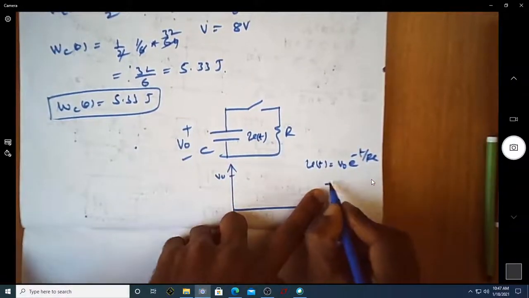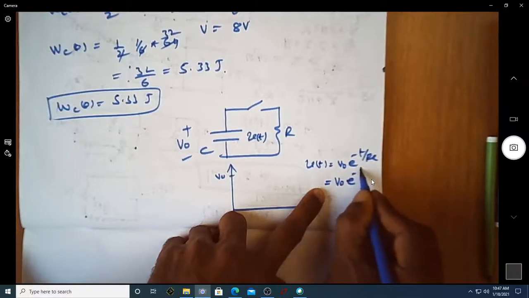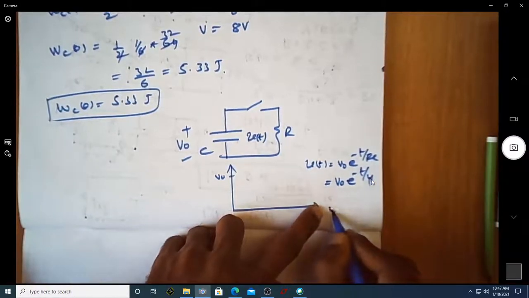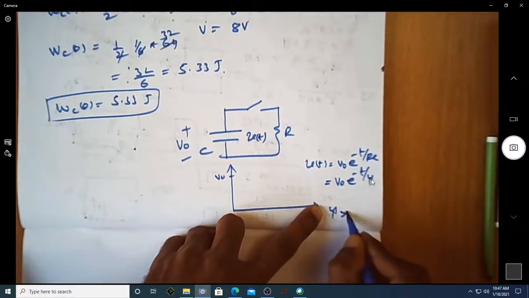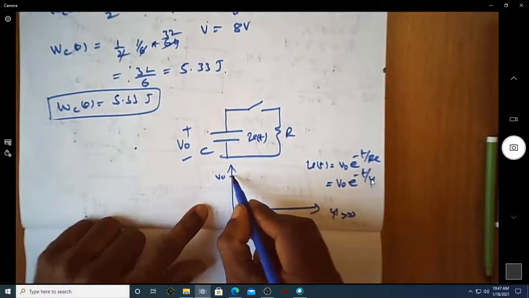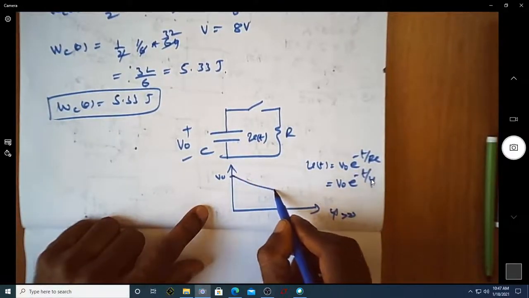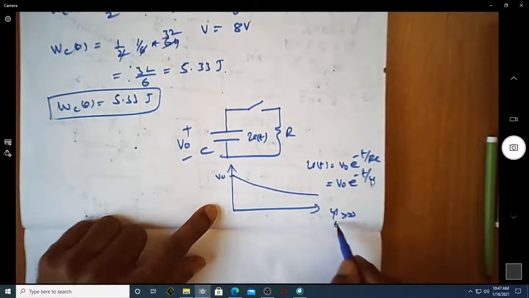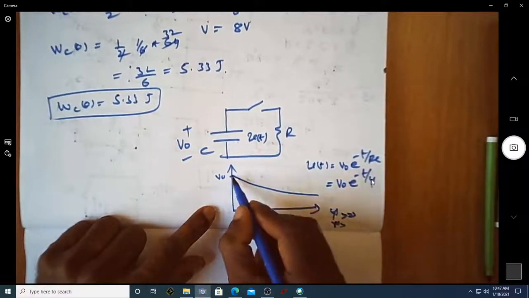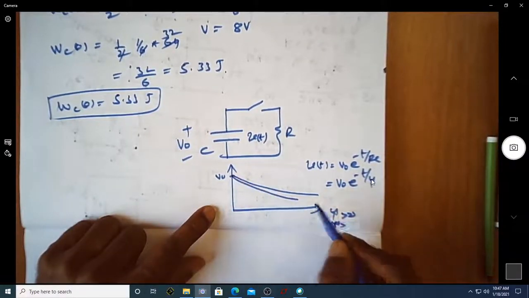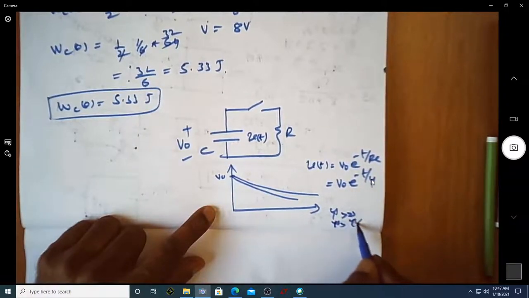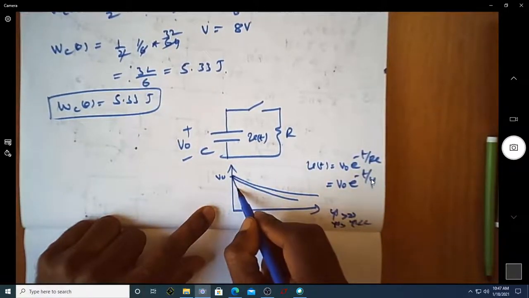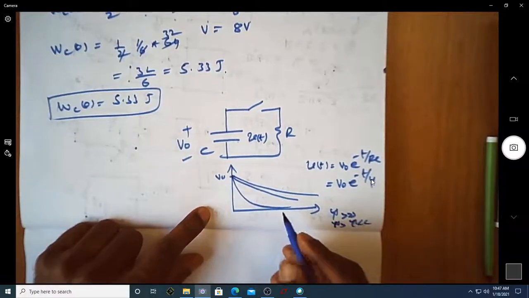Of course this can also be written as V0 e power minus t by tau. If tau is large, it decays slowly. If tau is slightly smaller, it decays a bit faster. If tau is very small, then it decays very quickly.